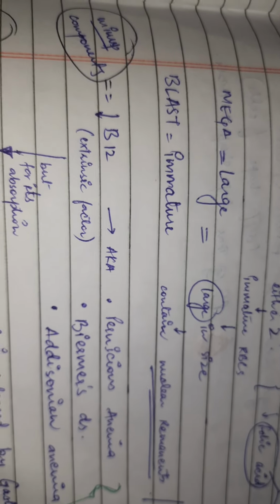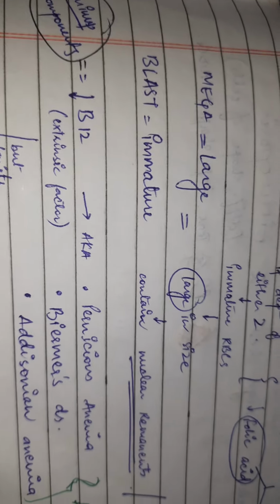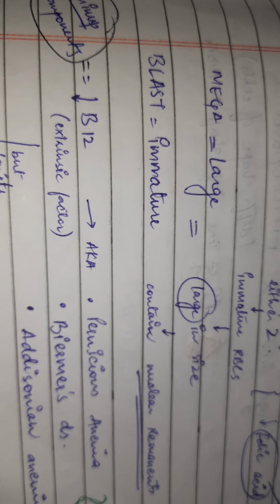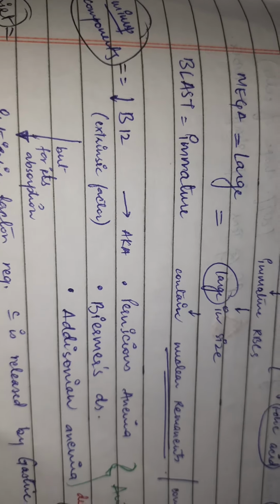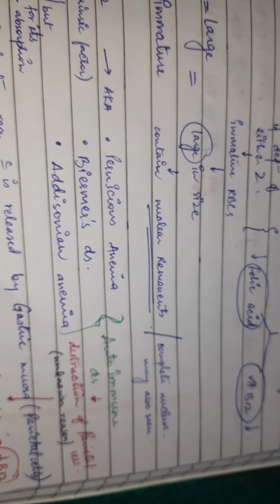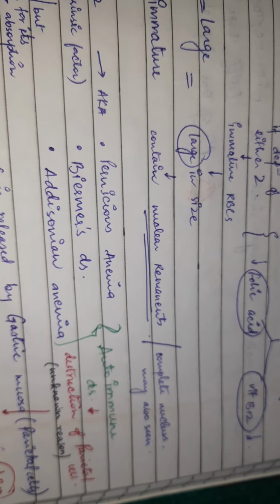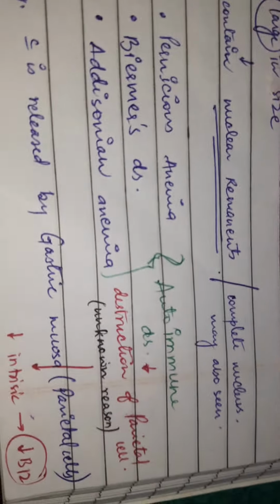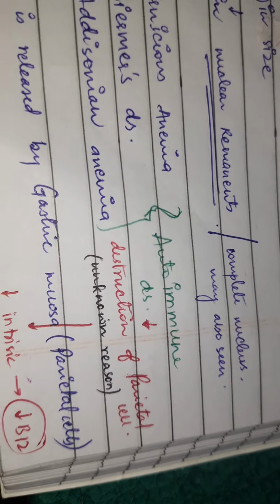Most important components: decrease in vitamin B12, the extrinsic factor, which is also called pernicious anemia, Biermer's anemia, Addison's anemia, Addisonian anemia, which is an autoimmune disease.